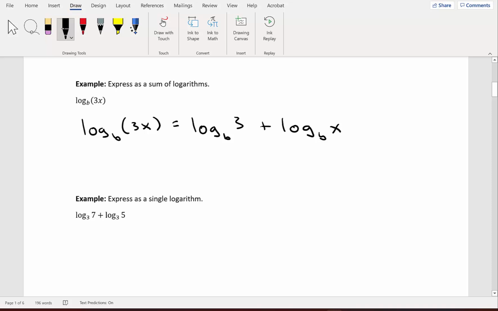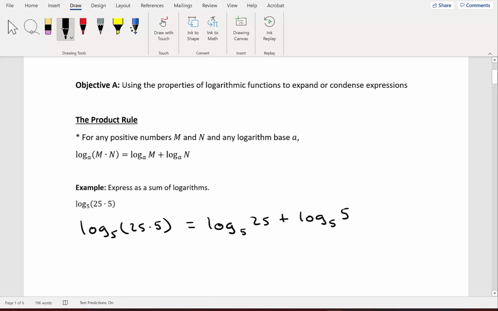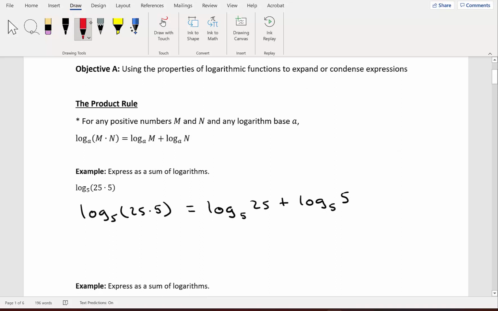Now for this next problem, express as a single logarithm. So I want to combine these so they are just one log. So I have log base 3 of 7 plus log base 3 of 5. Well, if I go back to my property, so I saw it from left to right. Now what I'm going to do is go from right to left.